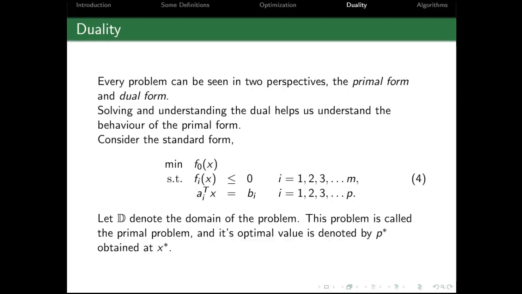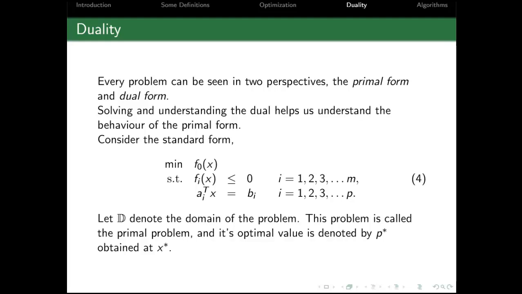Every optimization problem can be seen in two perspectives: one, the primal form and the other, the dual form. Whatever we've seen till now is generally known as the primal form, and we will now develop the dual form. So why do we need another view of the problem? Sometimes the primal form might be very difficult to solve.